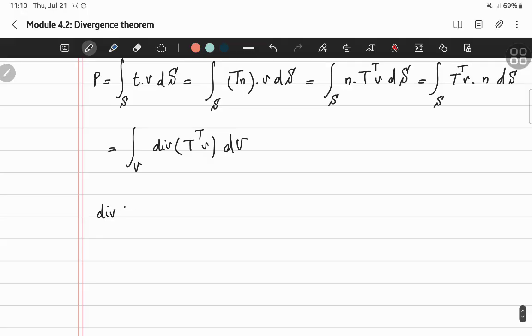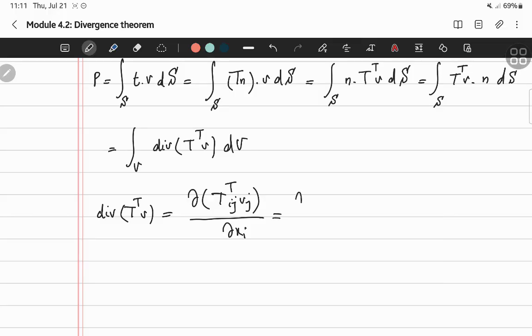So I'm going to write the divergence of t transpose v is equal to the partial derivative. So we know it's a vector. So this is t transpose ij vj with respect to xi. This is going to give us a vector, and the divergence of a vector field reduces its order by 1, so we get a scalar field. Here we have a vector, something like ai, and the divergence of ai with respect to xi is going to be a zero order tensor or scalar.